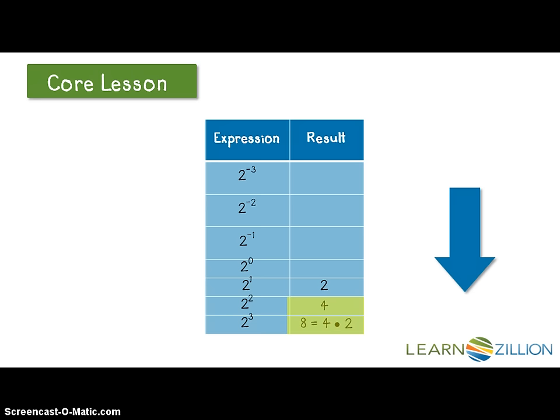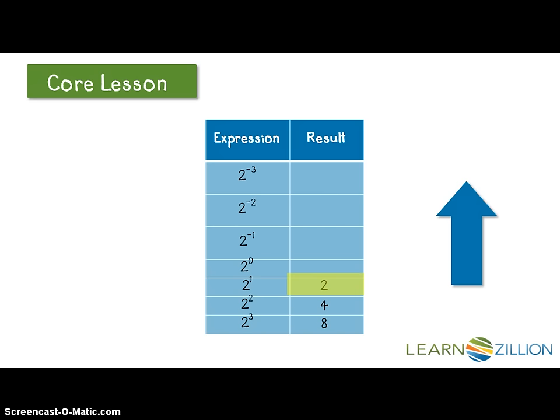So that helps when we're going down, but we actually need to go up the table to get the other 4 blanks filled in. So instead of going from 2 to 4 and 4 to 8, let's go from 8 to 4 and 4 to 2. What happened when we reversed? What did we do to 8 to get to 4? We did 8 times 1/2. You might want to say that we divided by 2, but remember we just talked about dividing by 2 being the same as multiplying by the reciprocal, which is 8 times 1/2.